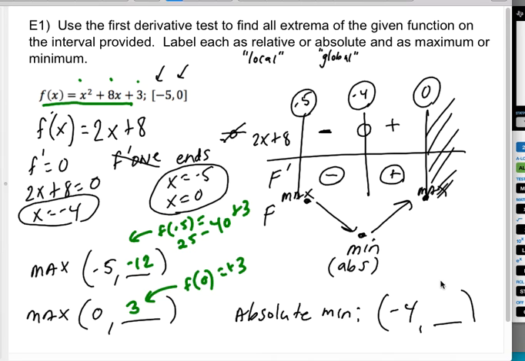And f of negative 4 is going to be 16 minus 32 plus 3, which is negative 16 plus 3, so negative 13. So when I look at the two max values, I recognize that 3 is higher than negative 12, so the absolute max is at 3.